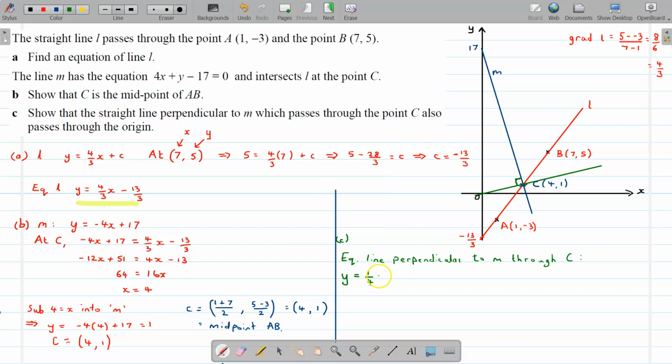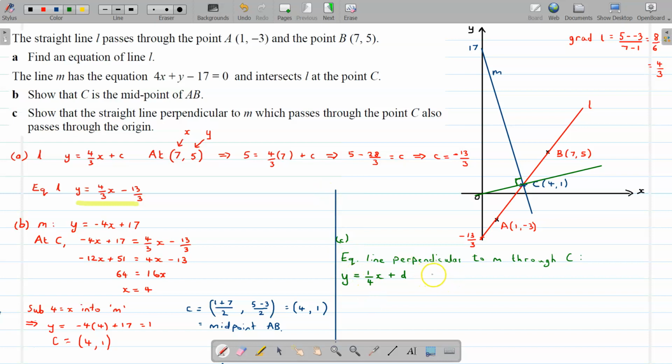So y equals a quarter x plus some number. I'm going to call it d because we've used c already, to find the constant here.